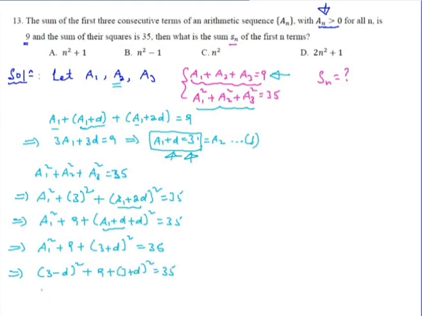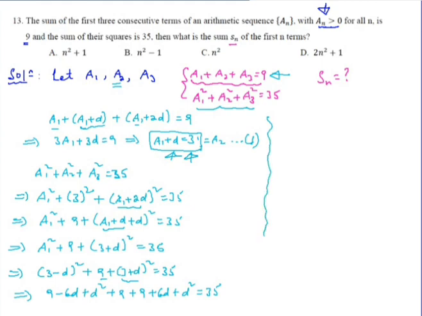Expanding this, 9 minus 6D plus D square plus 9 plus 9 plus 6D plus D square is equal to 35.